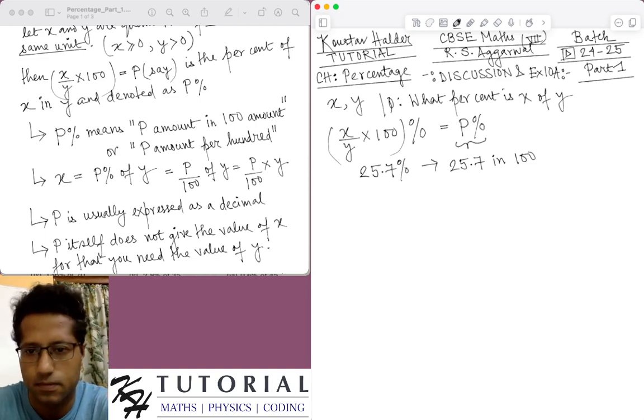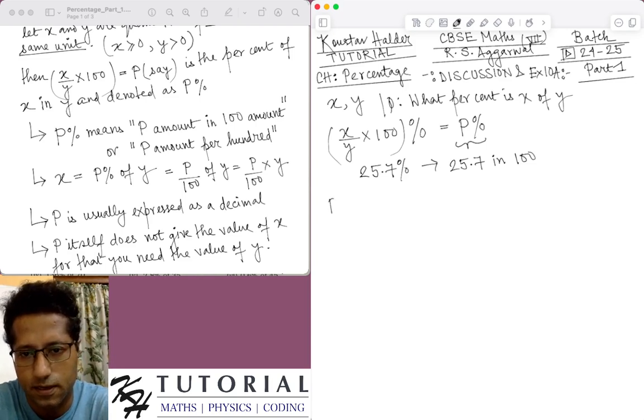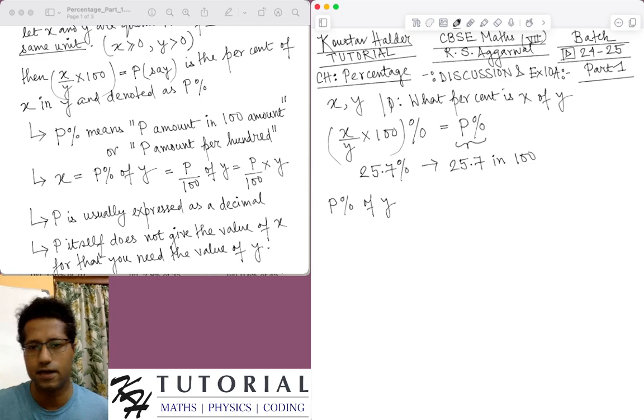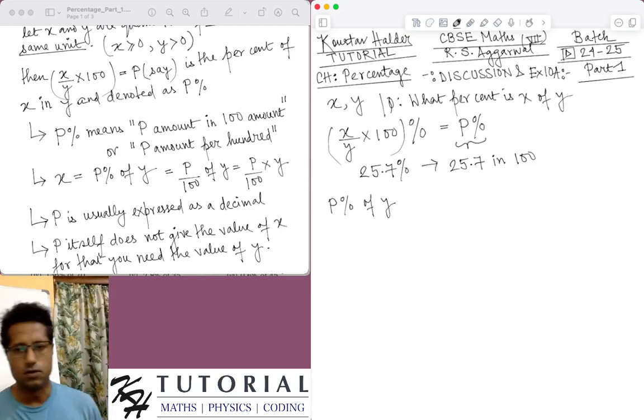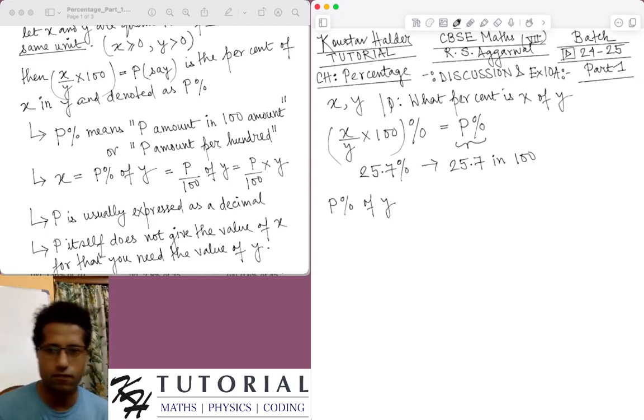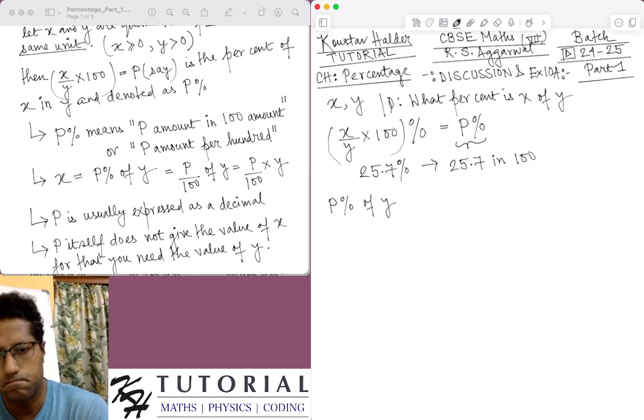When we say p percentage of y, what does it mean? It means that in a total quantity of y, p percentage of y is referring to some quantity of y. Now how do we know what is that some quantity? That some quantity is referred to by percentage.